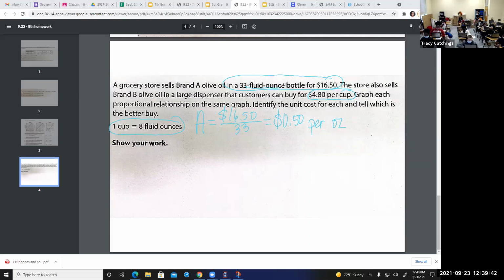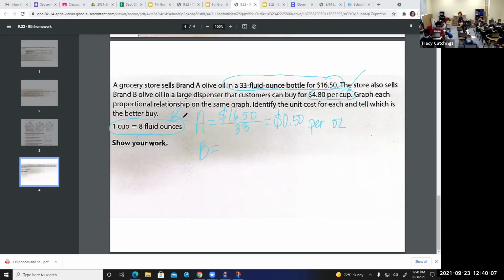All right, so at the bottom, we got $4.80 per cup. We need to change that cup to ounces. How much? Cup to ounces. Okay, y'all went to sleep.